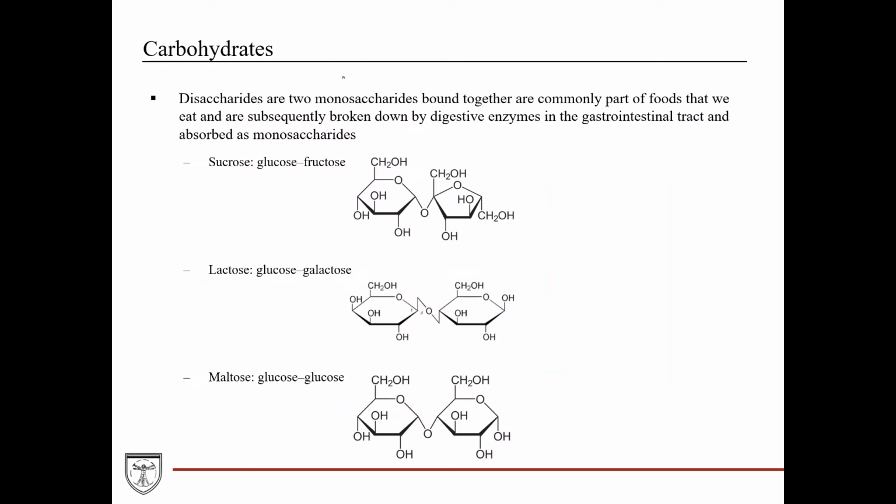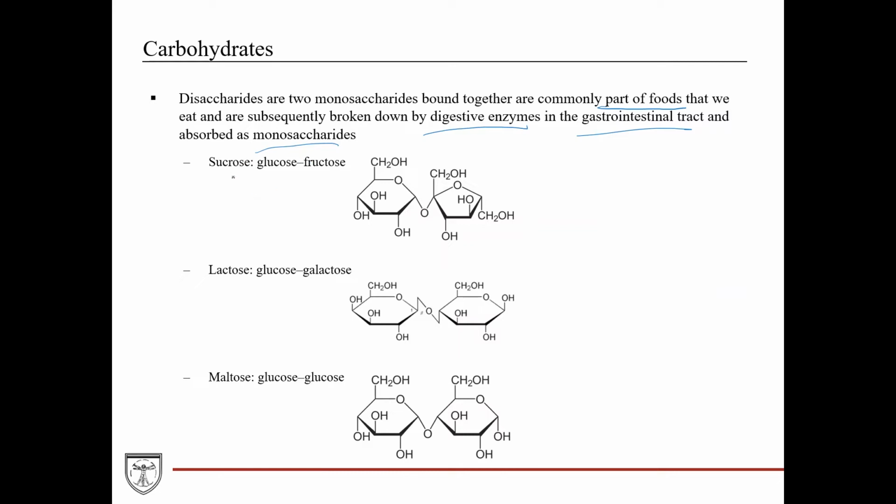So you have disaccharides, which are essentially 2 monosaccharides bound together. These are commonly parts of foods that we eat. This is really where metabolism begins, because it begins with us eating food. The form in which carbohydrates are ingested is typically as these disaccharides. Then these disaccharides are broken down by digestive enzymes in the GI tract, and absorbed individually as monosaccharides.